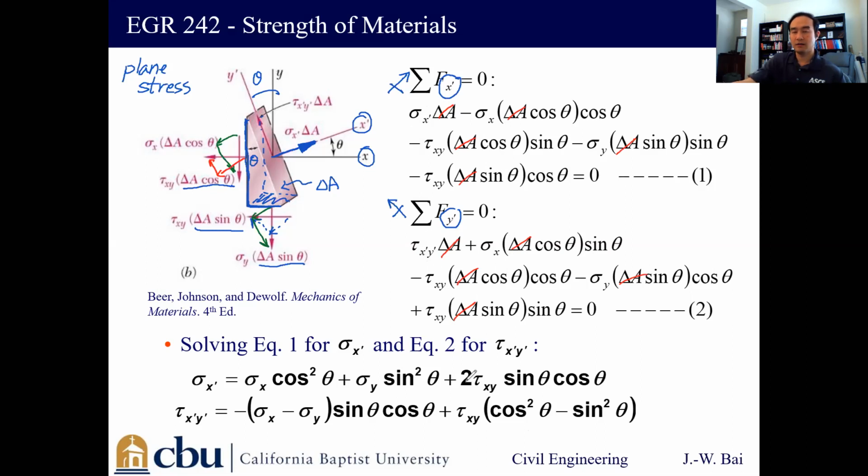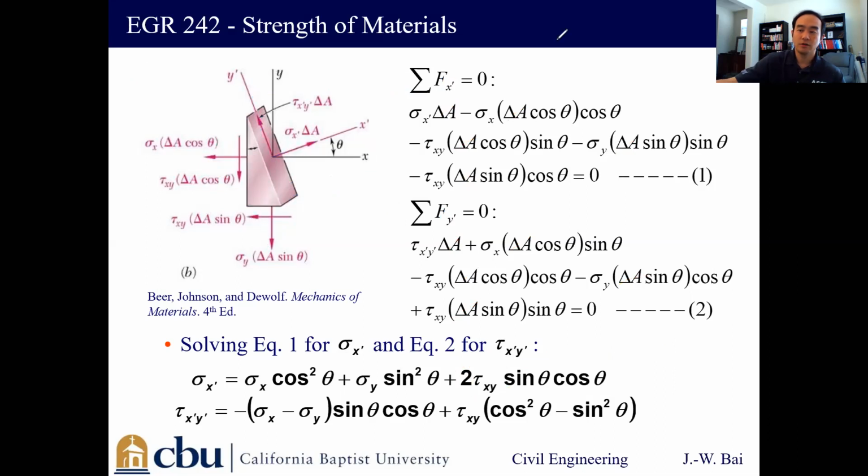And then what we do know is that in sine cosine trigonometry, we learned that, for example, 2 times sine theta cosine theta we can simplify as sine 2 theta, right? And so on. So we can simplify these kind of complicated two equations into this format.